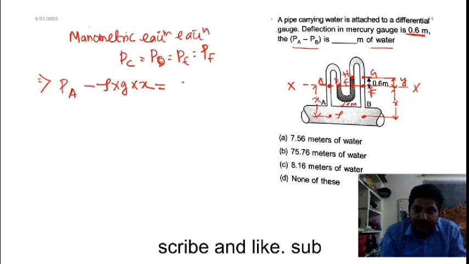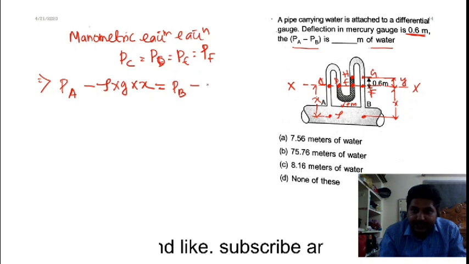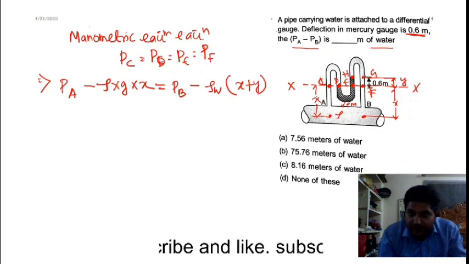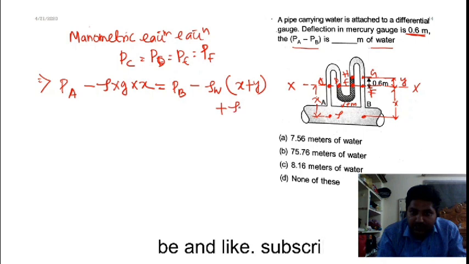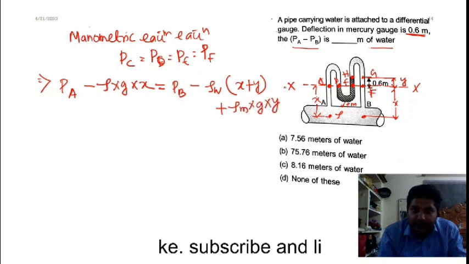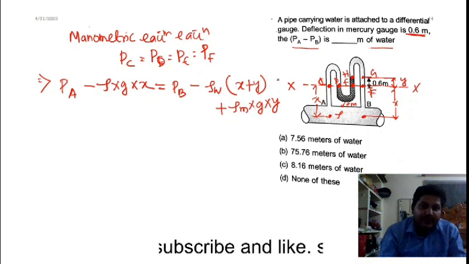Whatever the pressure at point B minus density of the water into x plus y. We have reached this point, so pressure at point B will be equal to pressure at point H, but we have to move to point E, so we again move down. So this is plus rho m into g into y. This is the manometric equilibrium equation.